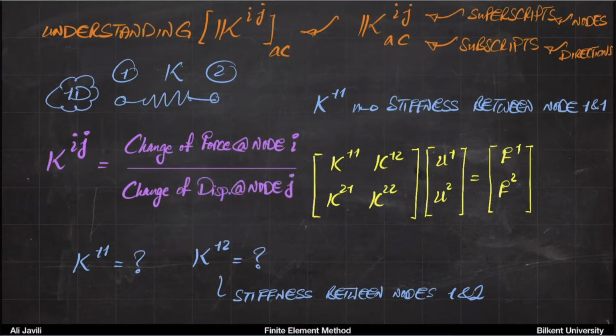Okay, so basically it tells you if you change the node J a little bit, so let's say I move this U2 a little bit to the right, or sorry, if I change it, it's vertical, sorry. The direction doesn't matter. If you change this just a little, the question is how much you need to change the force at F1 to make that happen, to make that equilibrium, basically.